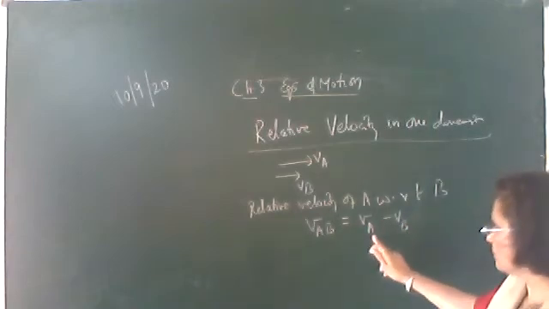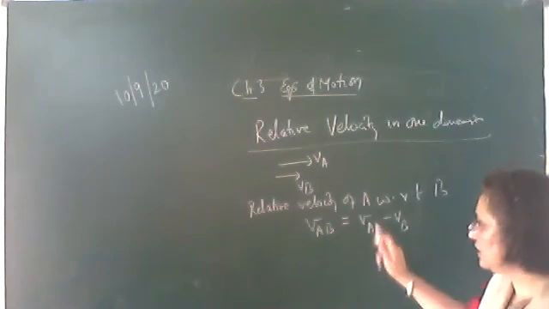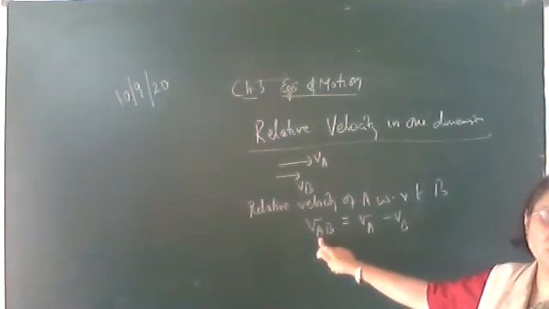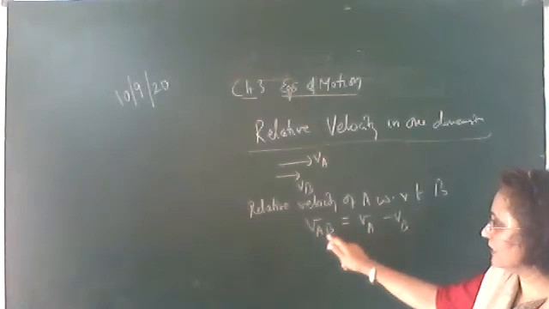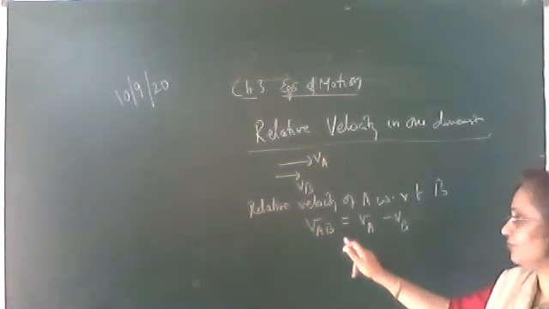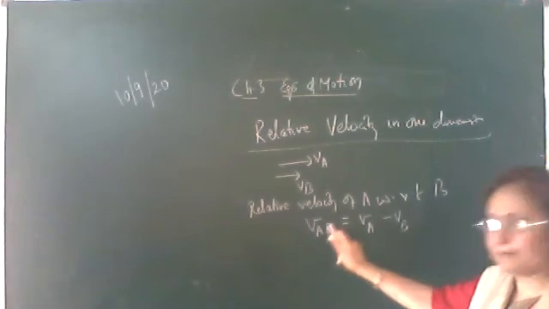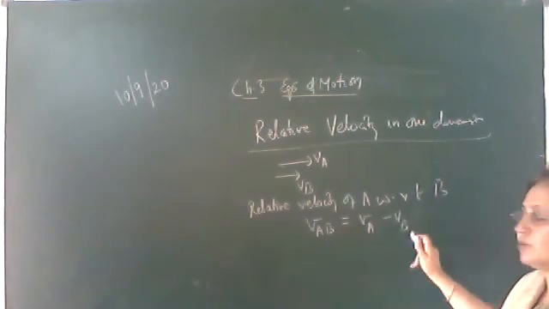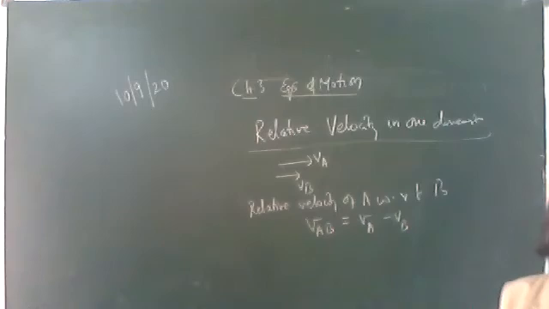So relative velocity, the velocity of A minus the velocity of B will give you the relative velocity of A with respect to B. Okay, if you have to find out the relative velocity of the second with respect to first, that is VBA. The relative velocity of B with respect to A will be equal to VB minus VA. Okay, so VAB is the velocity of A minus the velocity of B.